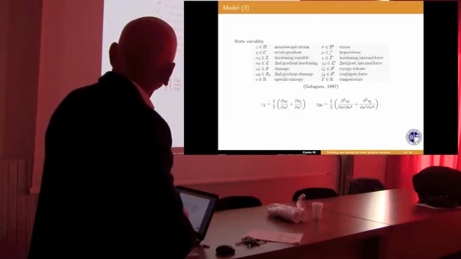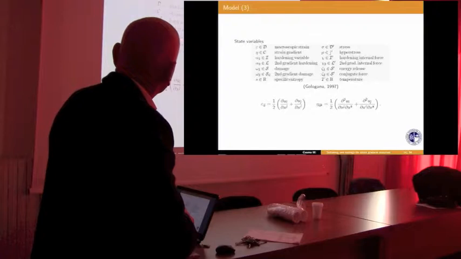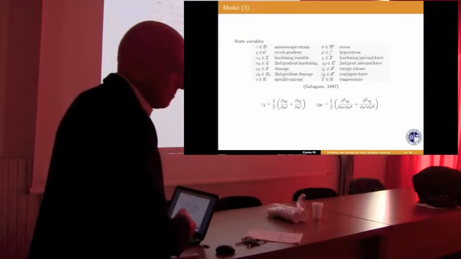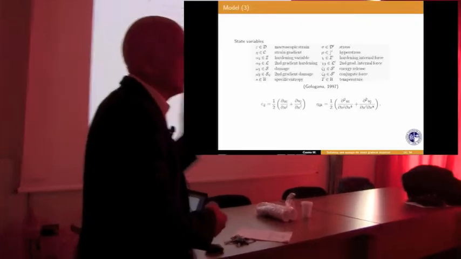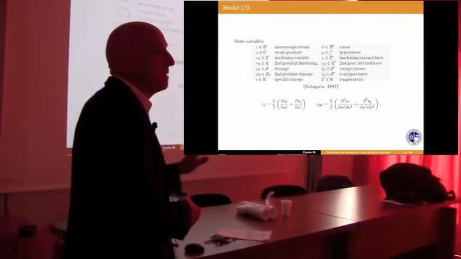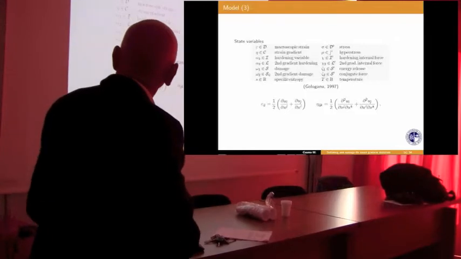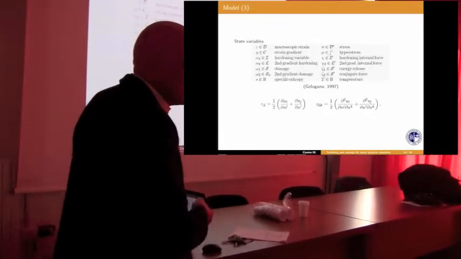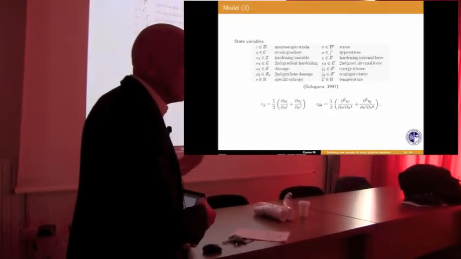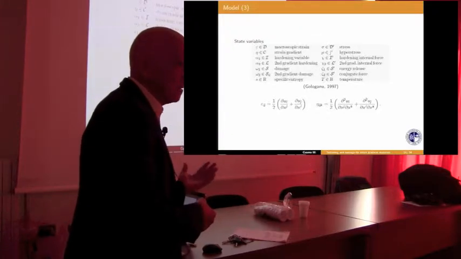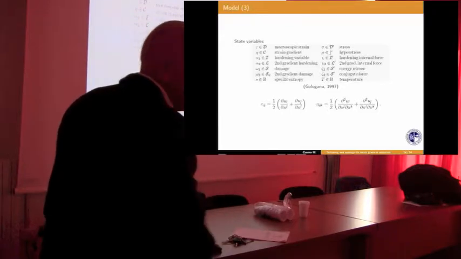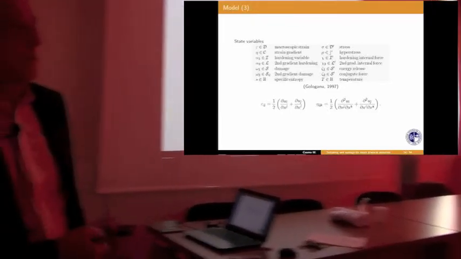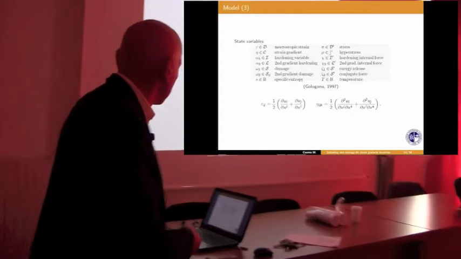Then we have the damage variable, and a second, the gradient damage, which is not the gradient of the damage value. It's an independent variable. An internal variable responsible for hardening, and another variable responsible for non-local hardening, which is not the gradient of the first one. And then we might have entropy, but the model here is completely isothermal.